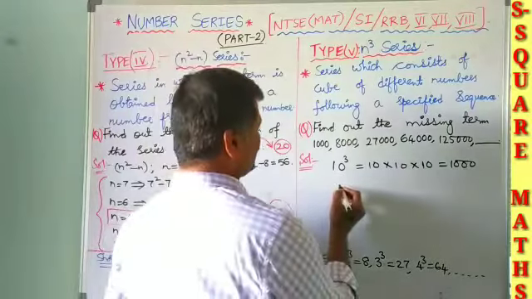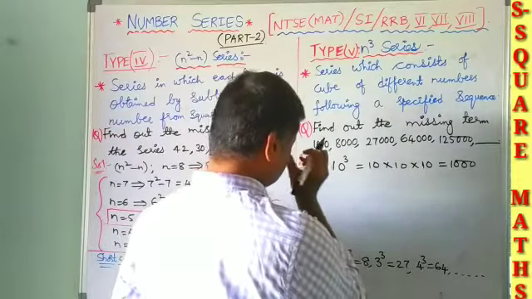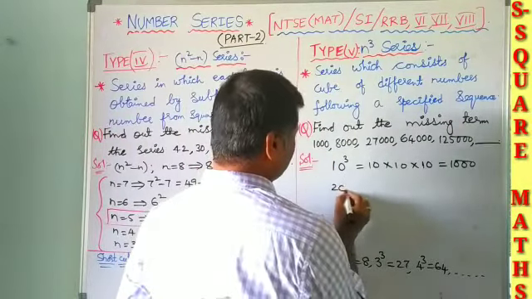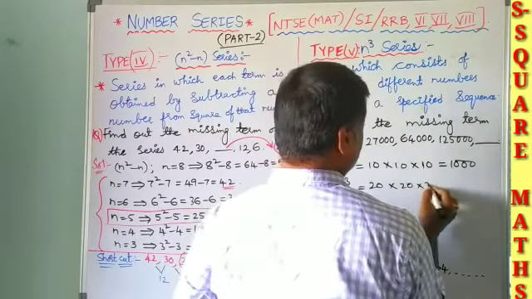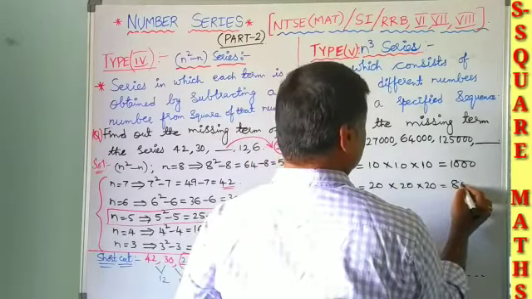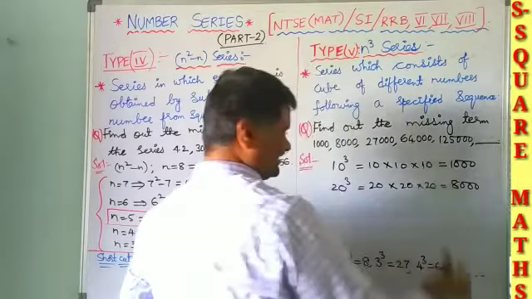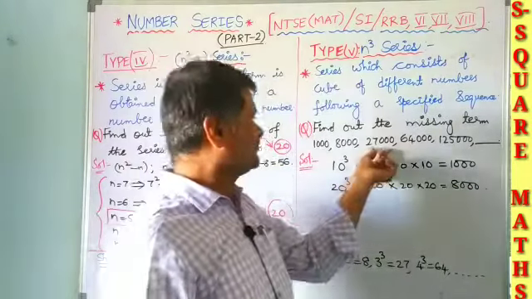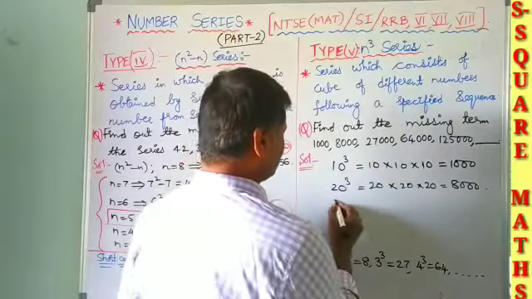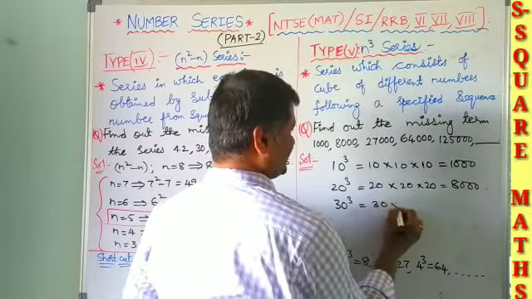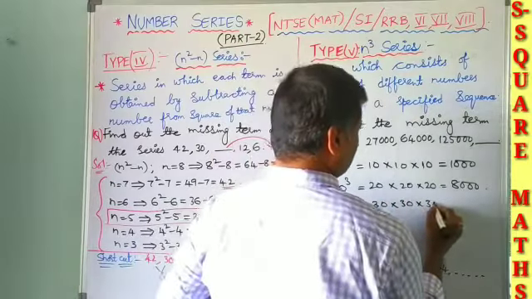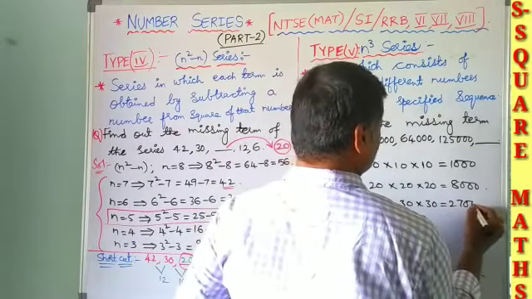In the same way, now here 20 cube, 20 into 20 into 20, is nothing but 8000. Similarly, you can go for 27,000. To get it, it is 30 cube, so 30 into 30 into 30 gives you 27,000.